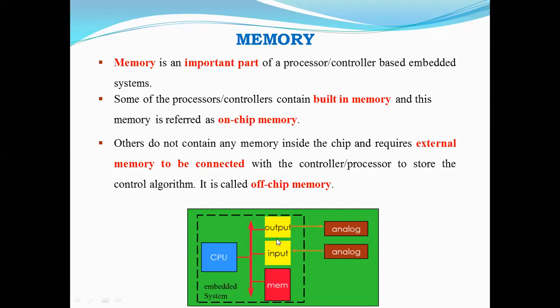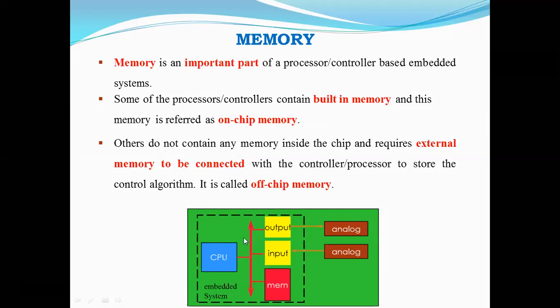But coming to the microprocessor in the desktop, you don't have on-chip memory. Here you have a separate memory, and next to that the input and output ports, or the RAM and ROM, are connected. Whereas in the case of the embedded system, the external memory is not connected separately. On a single chip, everything is built.